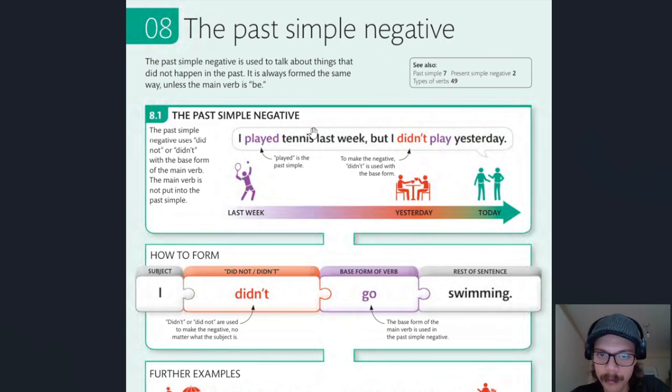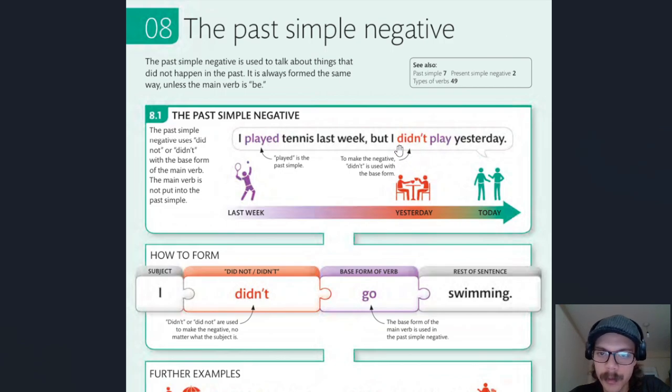Okay, this first part is mostly just an example. This is a statement in the past simple. It's what we already reviewed. You can see you have the verb in the past, which is played. Now, this second part of the sentence is the negative.